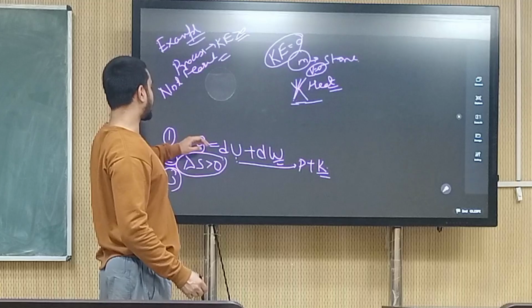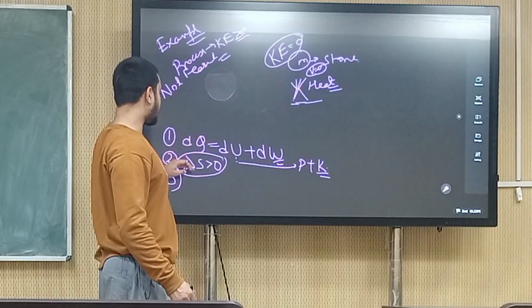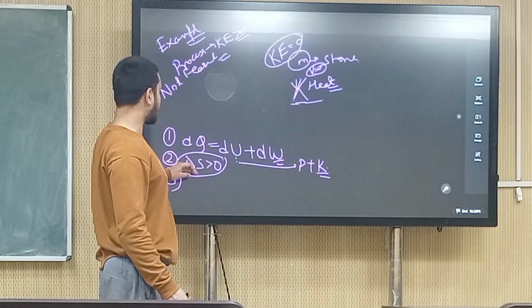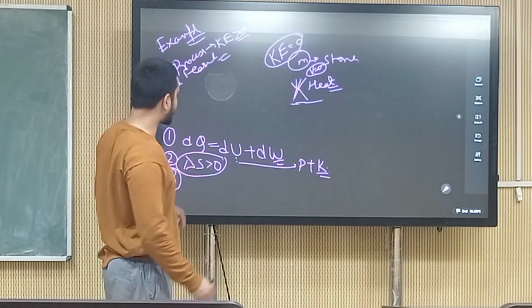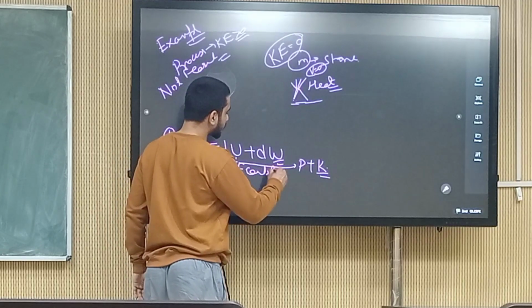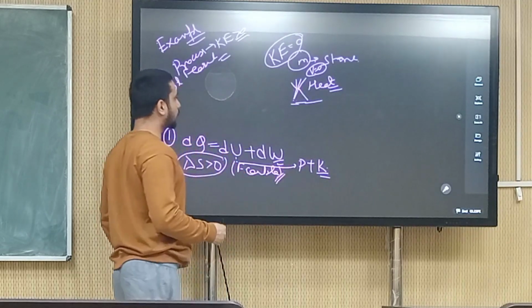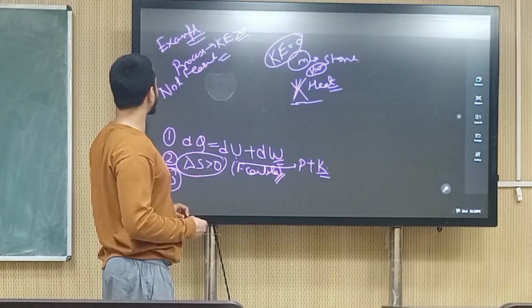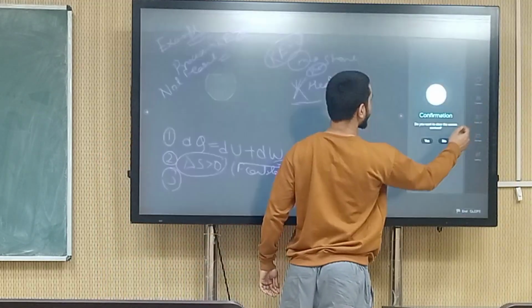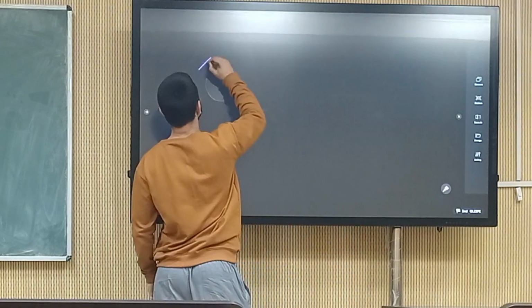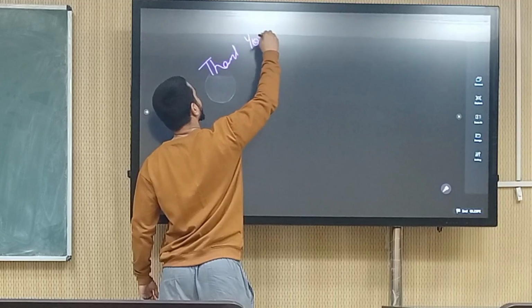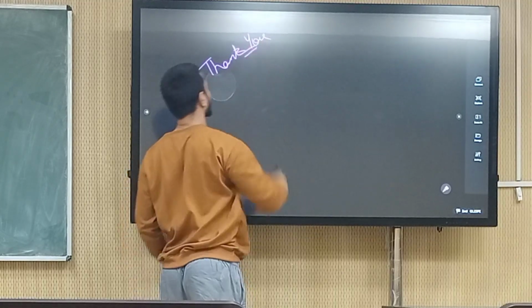Whatever we give will increase the energy of the system, and the definition of processes we can define from the first law, but whether the process will happen or not is told to us by the second law. So feasibility will be told by the second law of thermodynamics. This was the example of the laws in thermodynamics. Okay, thank you.